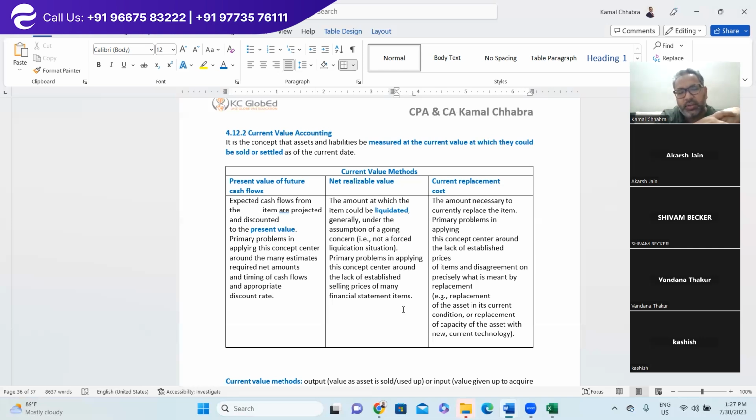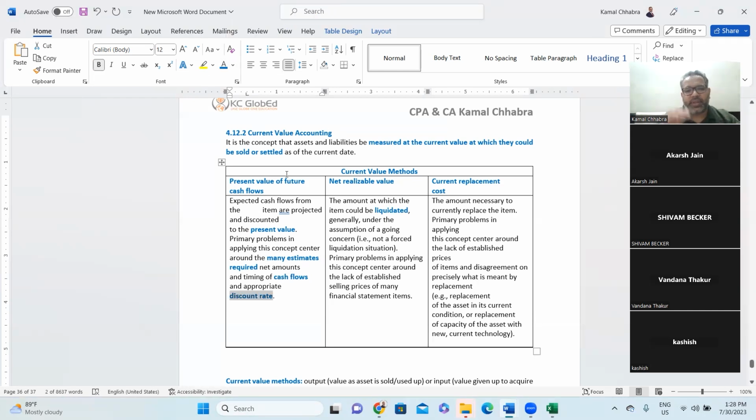Second, the net amount and timing of cash flows, would they come when we are expecting? And the third one is the discount rate. So these three things you need to estimate when you are calculating the present value of future cash inflows using the current value method, right?